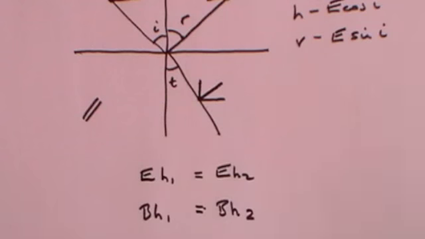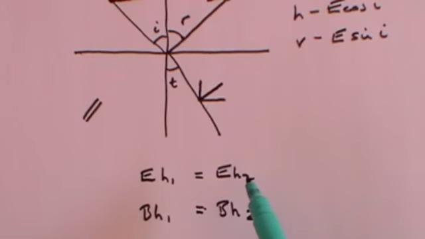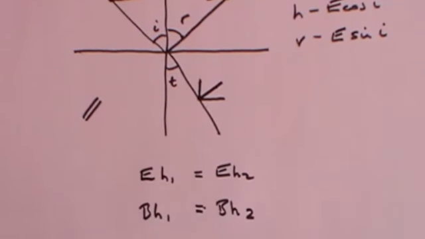That is to say, the value of the total electric field that is parallel to or horizontal to the surface in medium 1 will equal the E field in medium 2, the horizontal one, and the horizontal magnetic field in medium 1 will equal the horizontal magnetic field in medium 2. Those are the two key boundary conditions which we've derived and which we need to use.